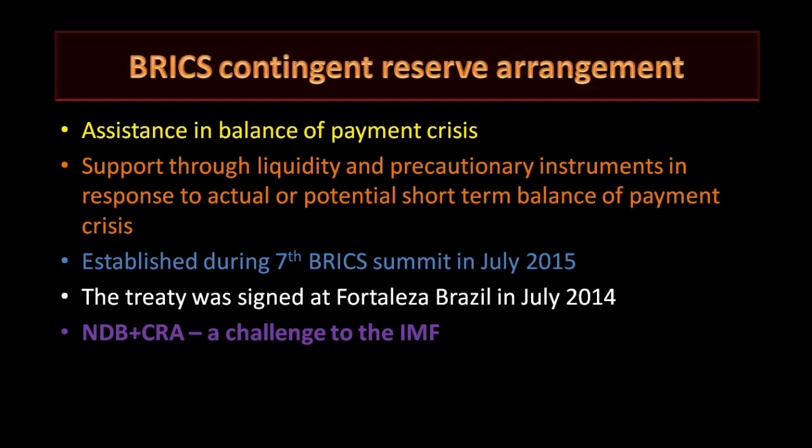BRICS Contingent Reserve Arrangement. The BRICS Contingent Reserve Arrangement was established during the 7th BRICS Summit in July 2015. Objective: assistance in balance of payment crisis. In previous videos, we have discussed balance of payment crisis and the assistance by the IMF during such a crisis.